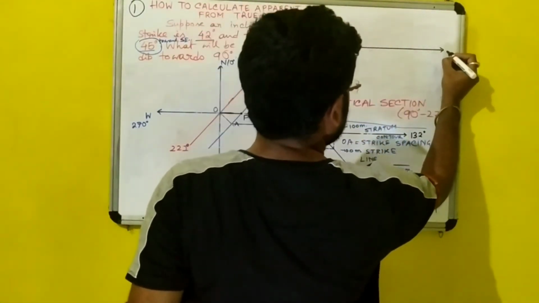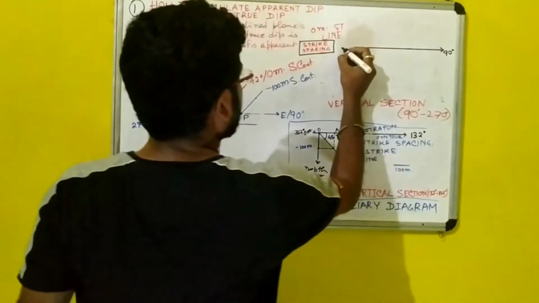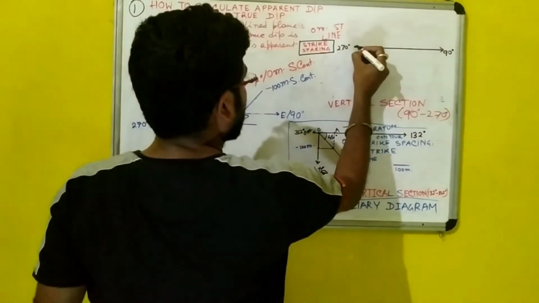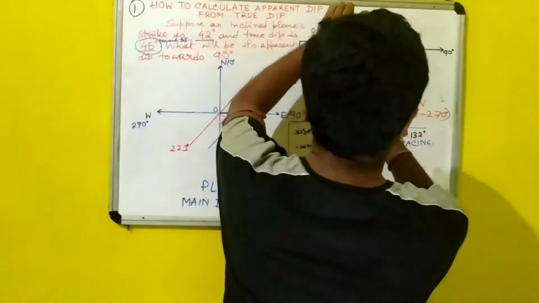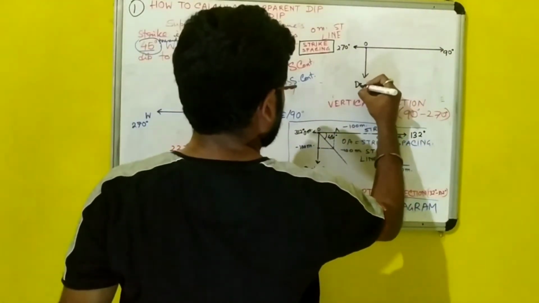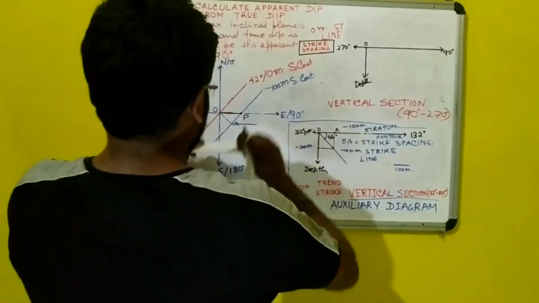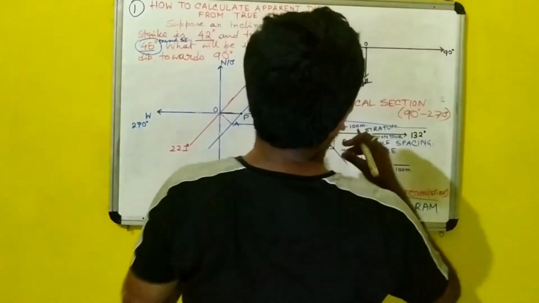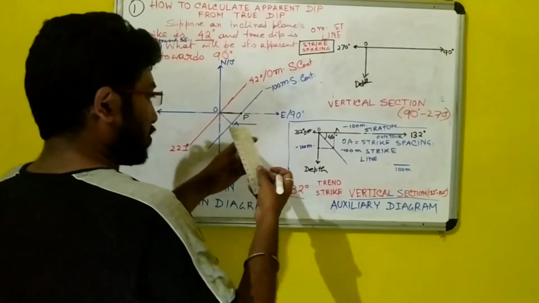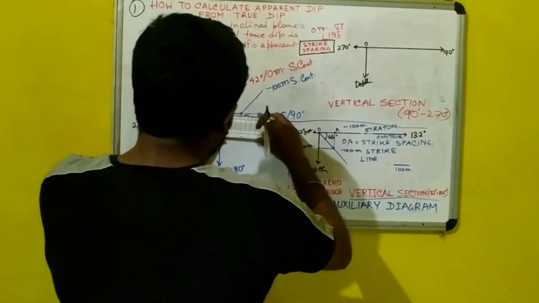So there it is 90 degree and it is 270 degrees. Suppose this point is O. This is the depth as it is. This is the section I am projecting here. So for OP, we have to use a divider, but I am using this scale.